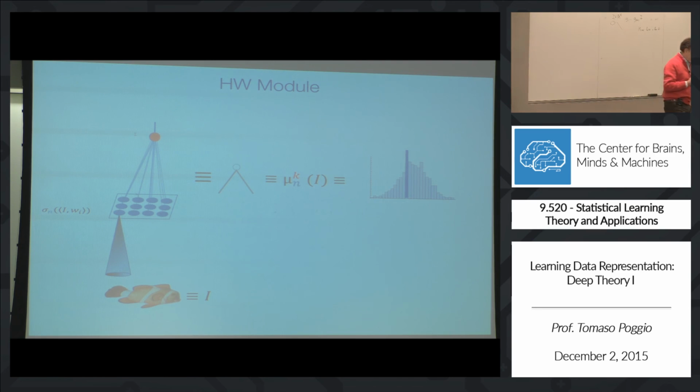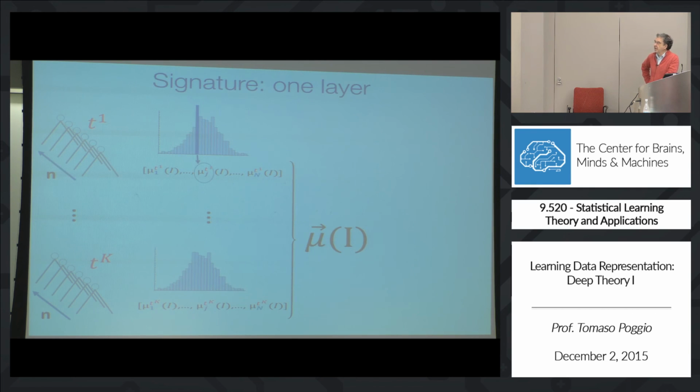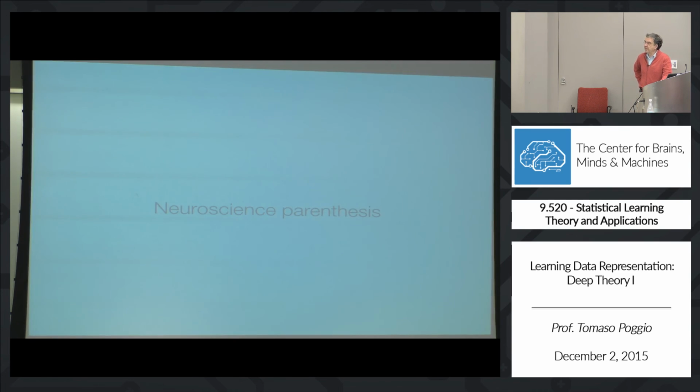And then you have pooling and something corresponding to a histogram across different complex cells with different thresholds. And that gives you, if you want, a vector, what we call signature, which is invariant, which represents the value of the cumulative histogram for different bins of the histogram.